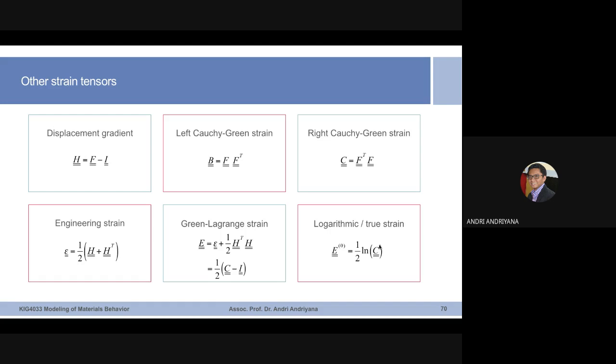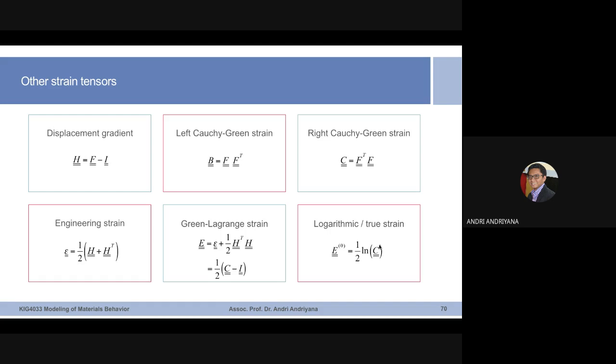I will just give the final result, the expressions of each strain tensor that is also used to describe the deformation of rubber. You will use it a lot later on when we develop mathematical equations to describe stress.